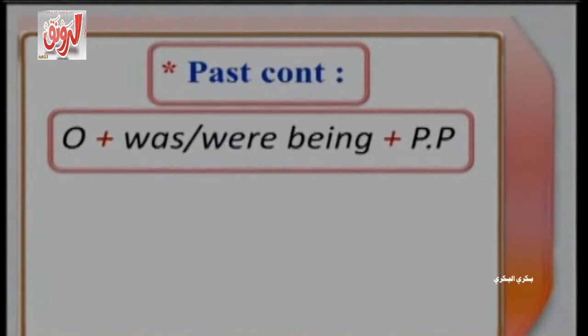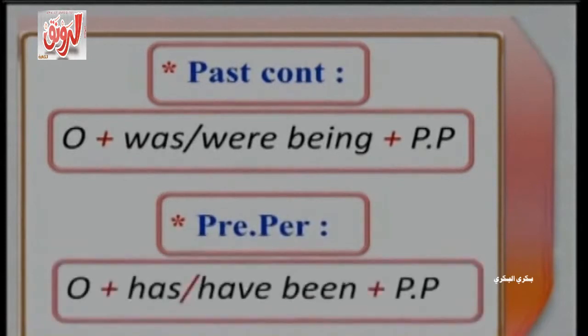Past continuous: get your object first and then was or were being. We mean was being or were being plus PP. Present perfect: bring your object first, then has been or have been plus PP.